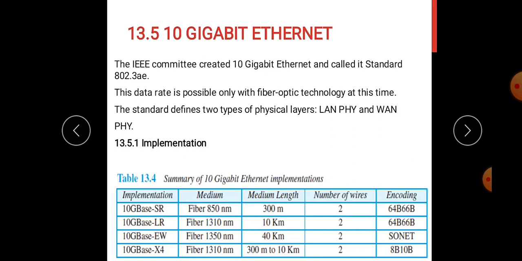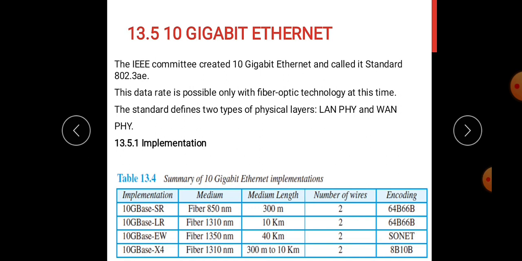And the next one is 10 Gigabit Ethernet. In recent years, there has been another look into Ethernet for use in the metropolitan area. The idea is to extend the technology, the data rate, and the covering distance so that Ethernet can be used as LAN and MAN. The IEEE committee created 10 Gigabit Ethernet and called it standard 802.3ae.